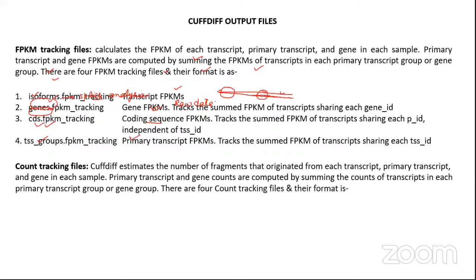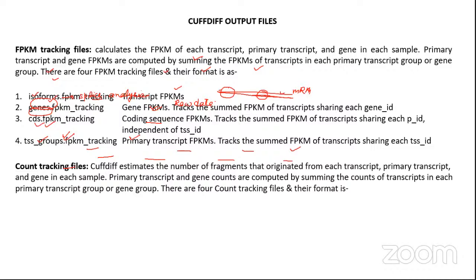So primary transcript FPKM. If we have to do the primary transcript mRNA quantification, we have to use this file. Count tracking file, Cuffdiff estimates the number of fragments that originate from each transcript, that is from the primary or the coding sequences. Primary transcript and gene counts are computed by summing the counts of transcripts in each primary transcript group and gene group. Right?